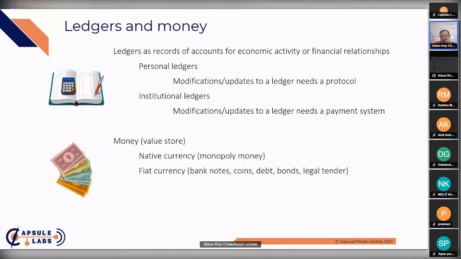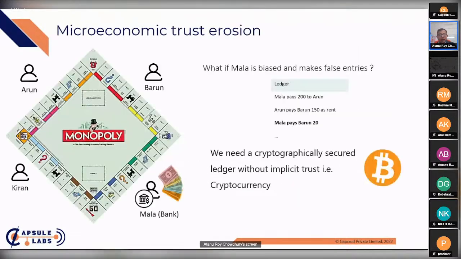That's very important, because when we want to measure transactions, we want a similar property, that it is hard or almost impossible to counterfeit, right? This is where blockchain has a significant role to play. So to go back to my previous question of what if Mala is biased and is making these false entries, right?